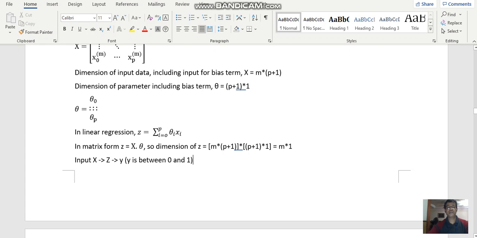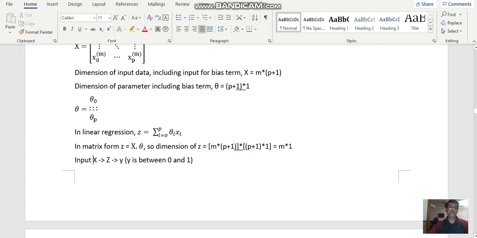Let us check the dimension. X is of dimension m into p plus 1, multiplied by another matrix of dimension p plus 1 into 1. As I said earlier, we should have a bit of basic understanding of matrix operations. So the dimension of Z will be m into 1. That's how the input data is converted to a predicted value.